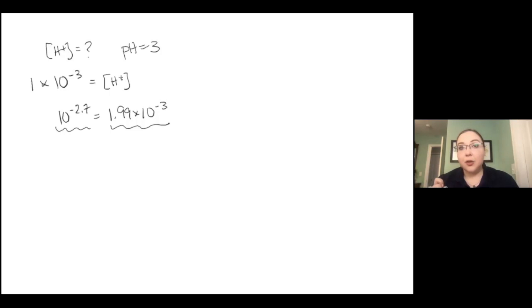And 10 to the minus 2.7, that's going to be a little bit larger than 10 to the minus 3. So I actually got something like 2 times 10 to the minus 3, which makes sense for what I expect it to be. Something larger than 10 to the minus 3, getting closer to 10 to the minus 2. Okay, now that's our first question. Pretty straightforward, pretty easy. Let's do another one.